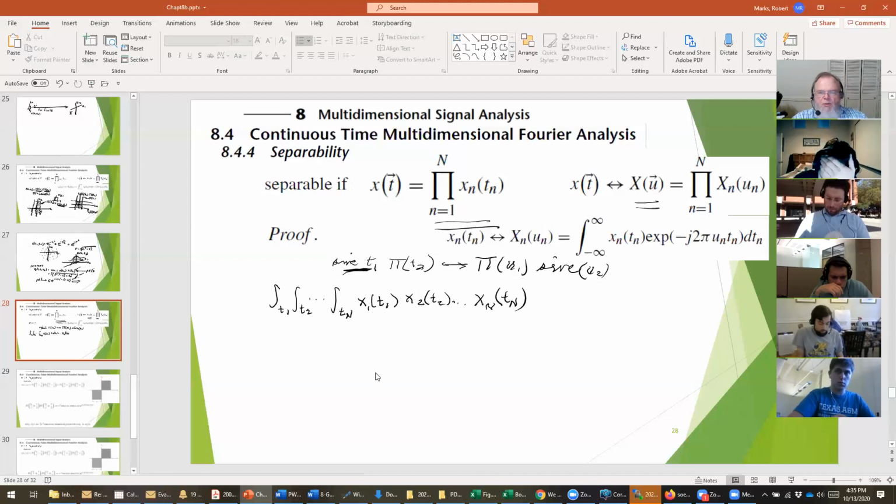There's the multidimensional function, which we assume is separable. It can be written as a product of one-dimensional functions. And then the Fourier transform kernel is as follows.